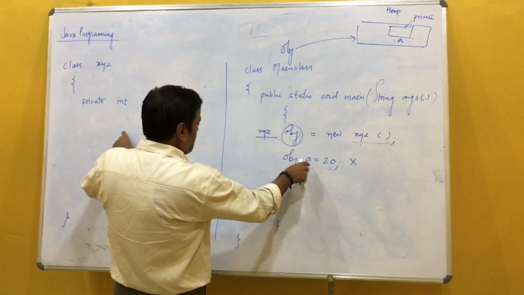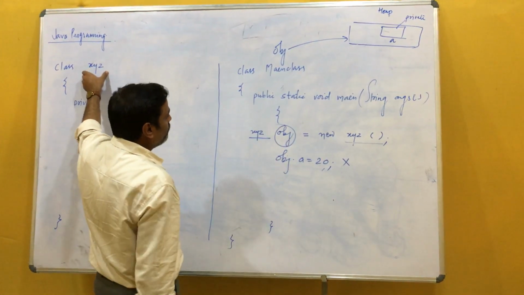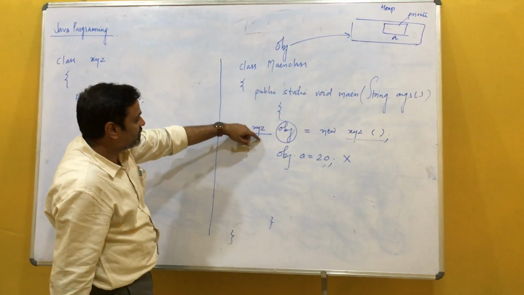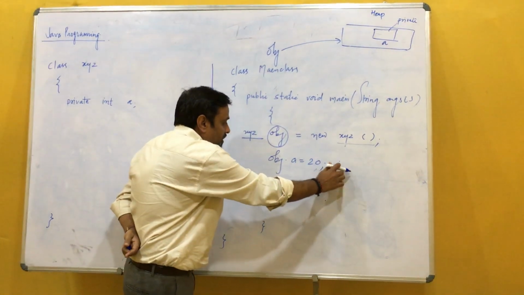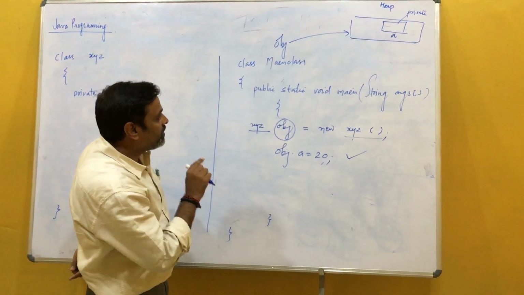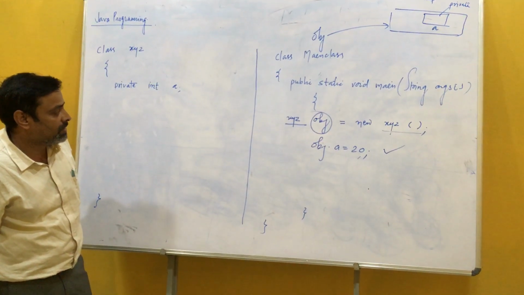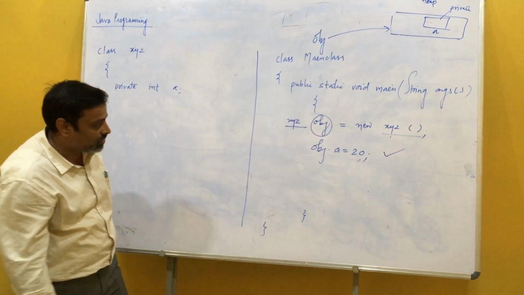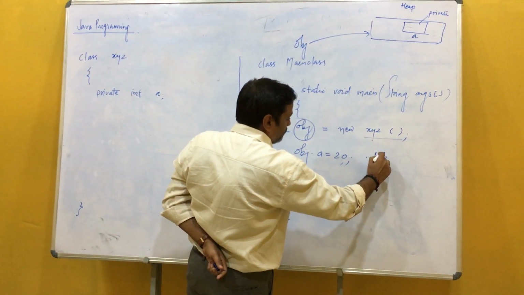Since this A belongs to the XYZ class, and I am using it from outside the XYZ class, in the main class, this will not be allowed. I am not able to access the private data of the object from outside the class. This concept is known as data hiding.